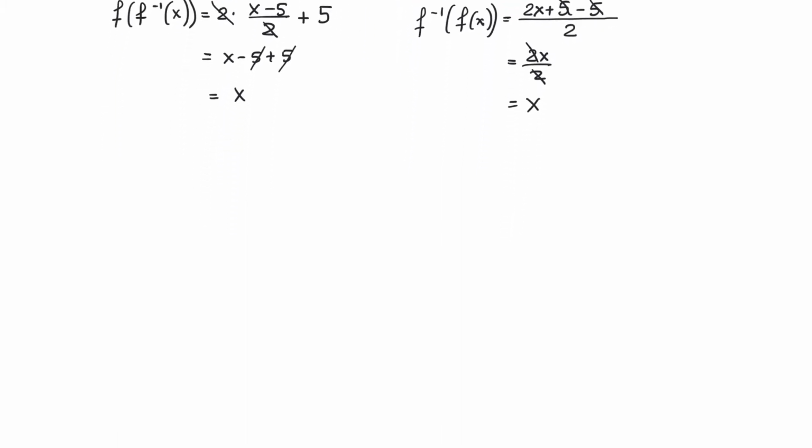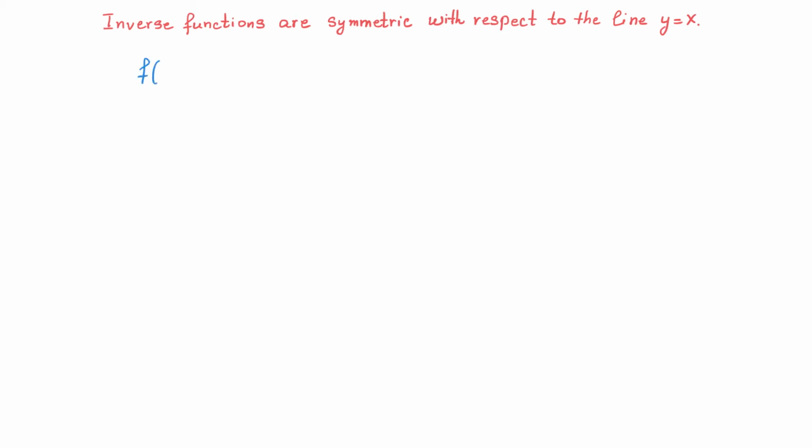Another interesting thing about inverse functions is that they are symmetric with respect to the line y equals x. Let's see what this means by graphing the functions we had above. The first function was f of x equals 2x plus 5. We will graph it using the slope and the y-intercept, and the slope is 2 and the y-intercept is 5.